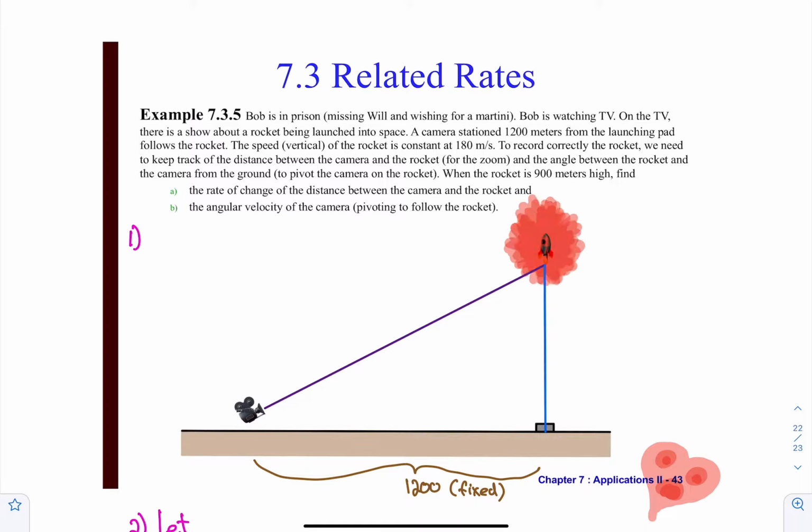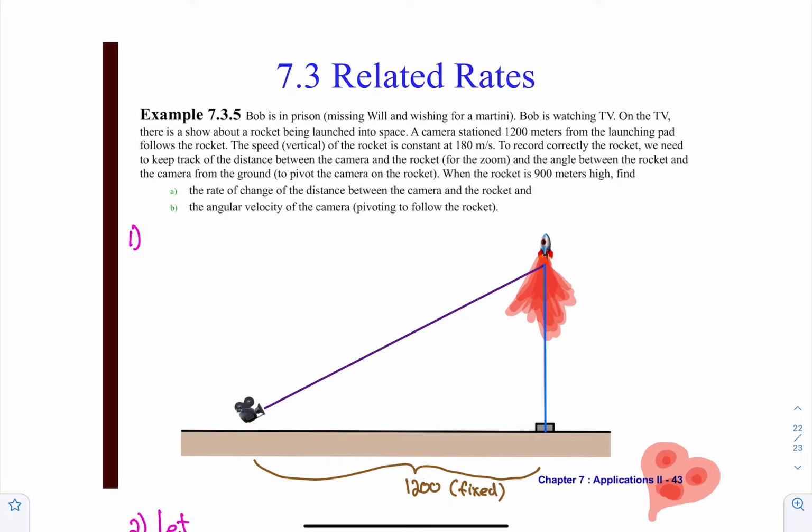To record the rocket correctly, we need to keep track of the distance between the camera and the rocket for the zoom, and the angle between the rocket and the camera and the ground in order for the camera to pivot correctly and look at the rocket. So when the rocket is at 900 meters high, fine.